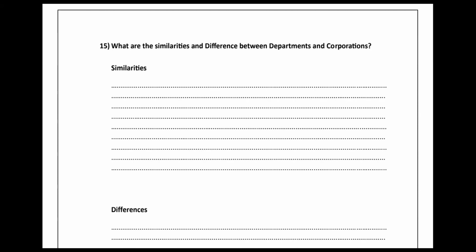When it comes to departments, their attention is mainly welfare. But when you come to corporations, their attention is not mainly welfare. They also have a profit motive as well. I'll explain when I go to the differences.